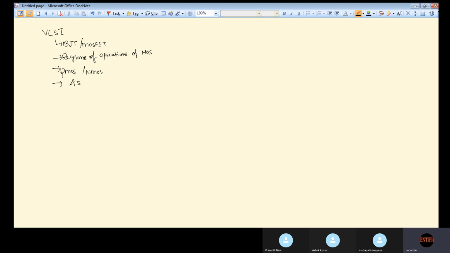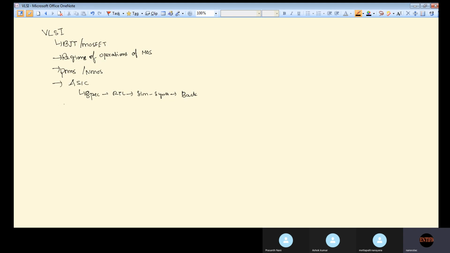And in the ASIC design flow, I explained each step, starting from the specifications, RTL design, simulation, synthesis, till the back end, which covers the physical design, floor planning, clock tree synthesis, routing, and all those things.